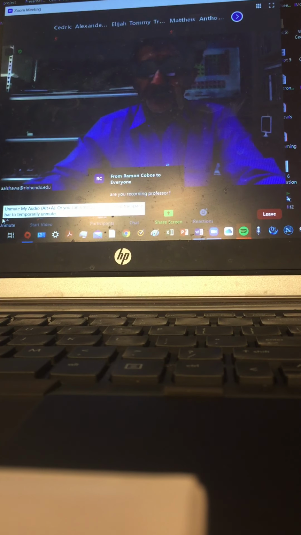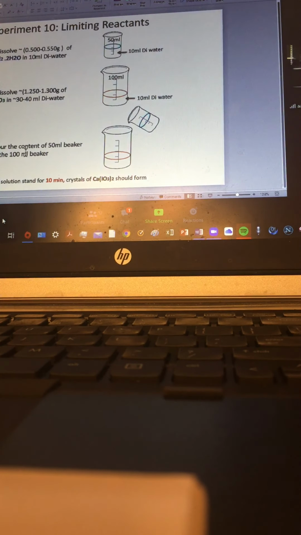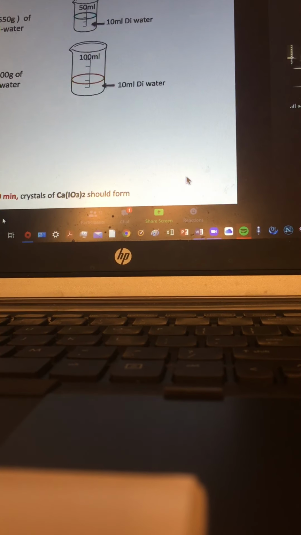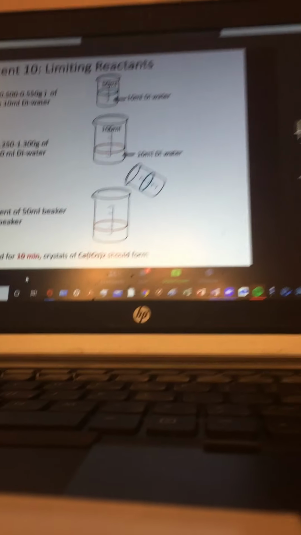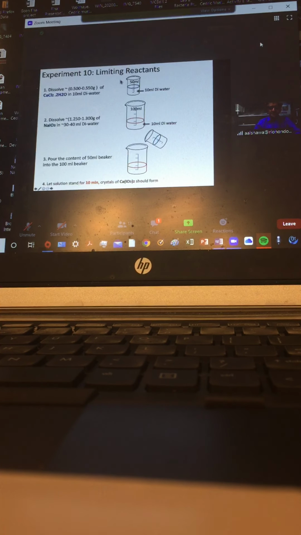So let me share with you the PowerPoint, and then we'll start the calculations. Before we start the procedure, just make sure before we start anything, calculate the molar mass of calcium chloride dihydrate.